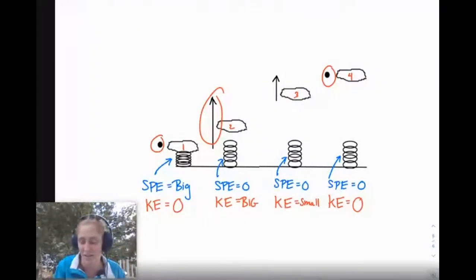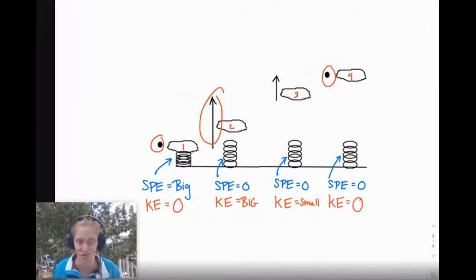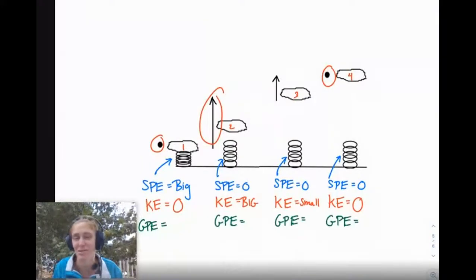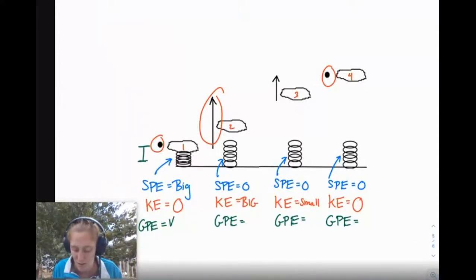Then the last thing I need to think about is my gravitational potential energy for each of these. All right, so remember that gravitational potential energy is related to height. Some students will tell me that number 1 is at a height of 0. To show you something, I'm going to assume it has a very small height, which means I have a very small gravitational potential energy.